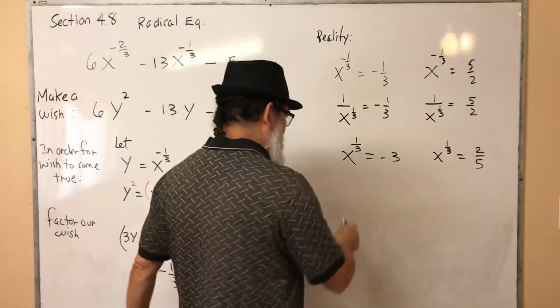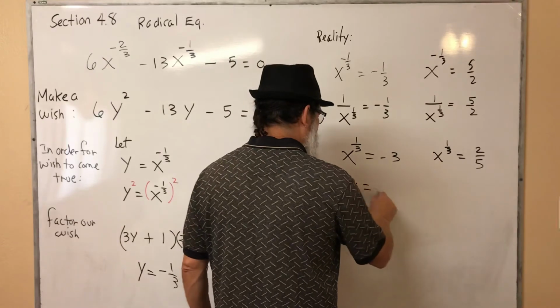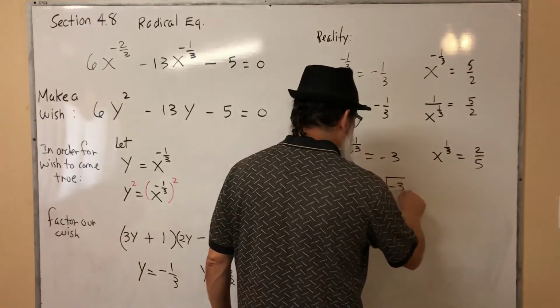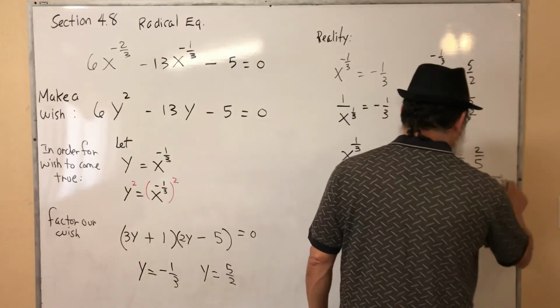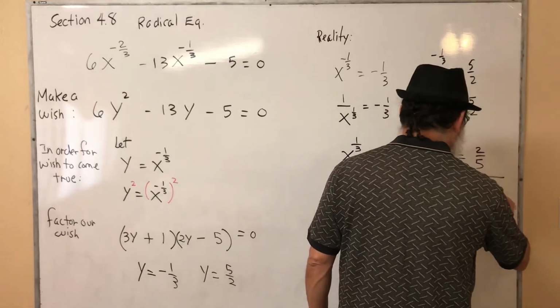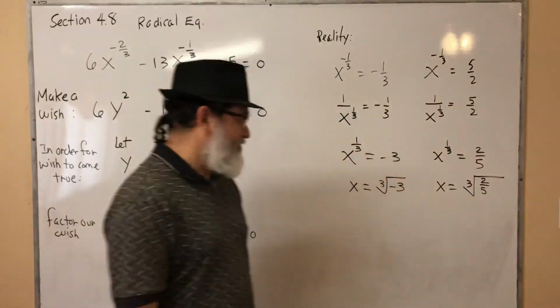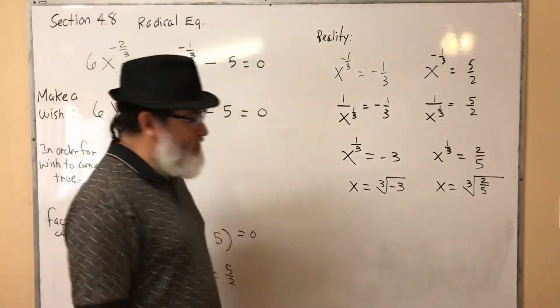And here, x equals the cube root of negative 3. And here, x equals the cube root of 2/5. Okay, those are the answers.